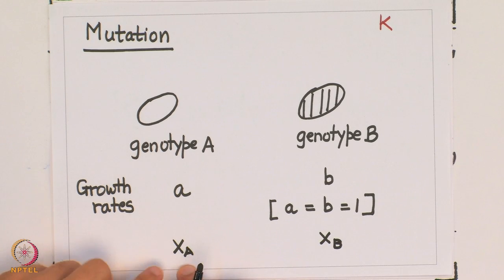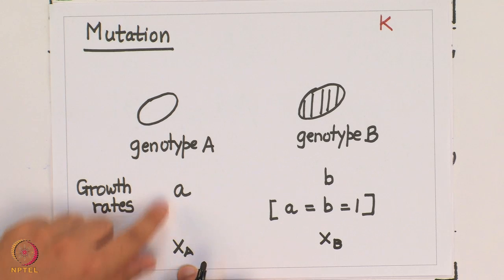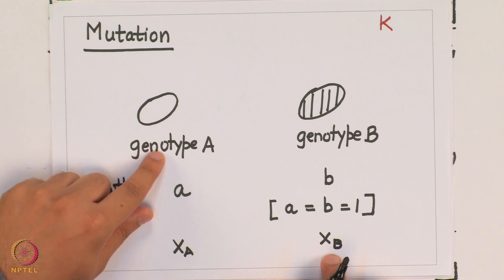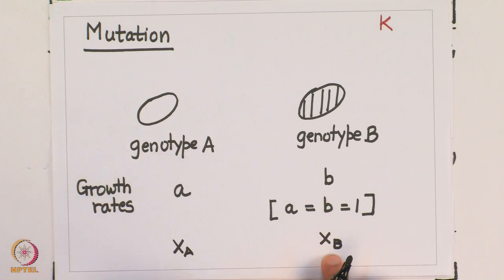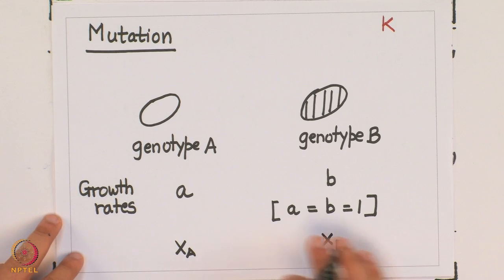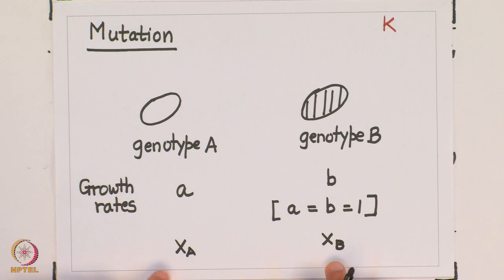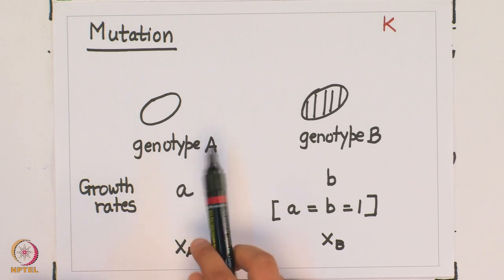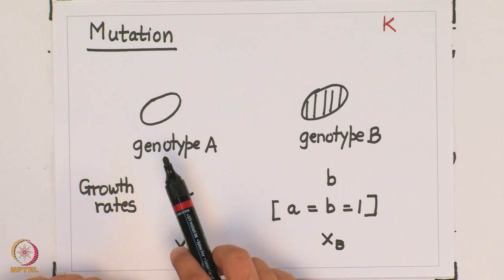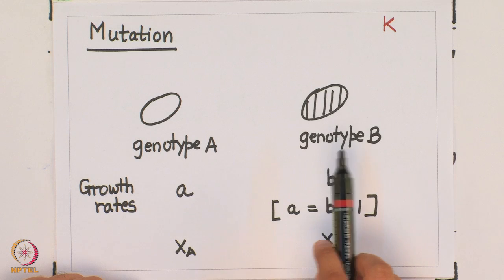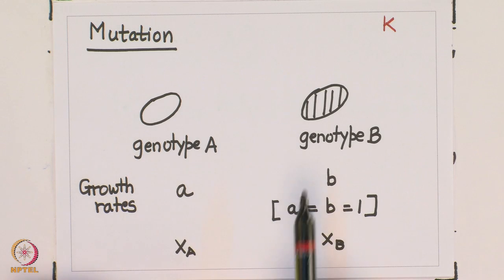So XA is the fraction of the population which belongs to genotype A, and XB is the fraction of the population which belongs to genotype B. And we are interested in monitoring how these fractions change with time if there are mutations taking place, where genotype A gets converted to genotype B and vice versa, because of the errors in the replicating machinery associated with the growth of these organisms.